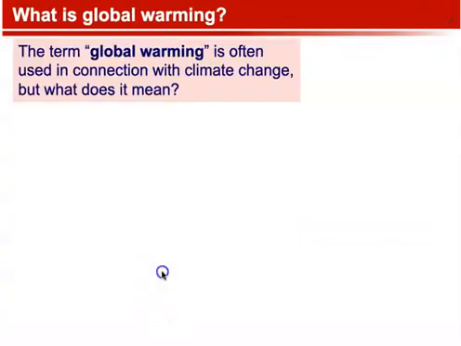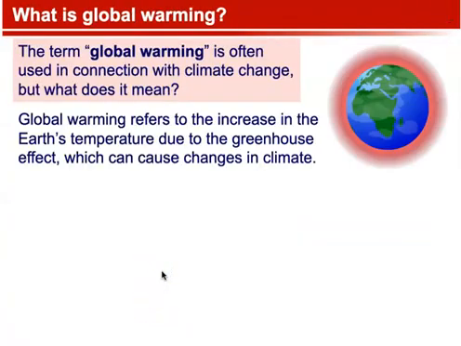So what is global warming? The term global warming is often used in connection with climate change. But what does it mean? Global warming refers to the increase in the Earth's temperature due to the greenhouse effect, which can cause changes in climate.